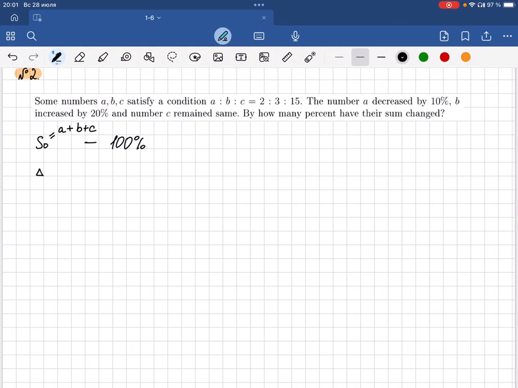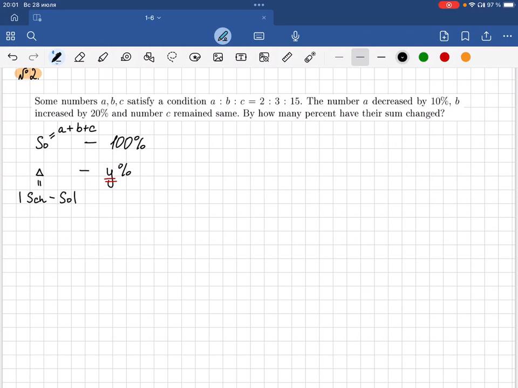And we also have delta. This delta is an absolute value of the difference between the sum after changes and our initial sum. And this delta corresponds to, let's say, y%. And we need to find this y using proportion.